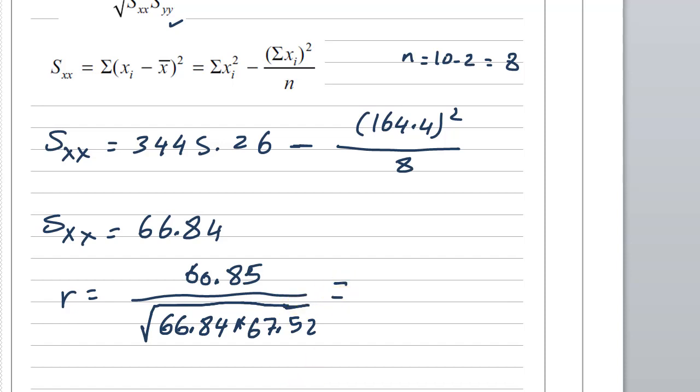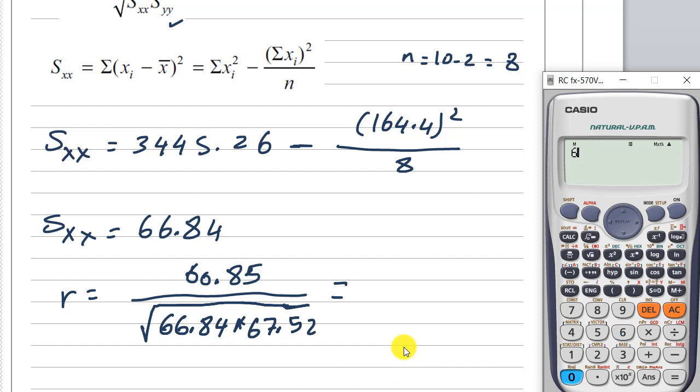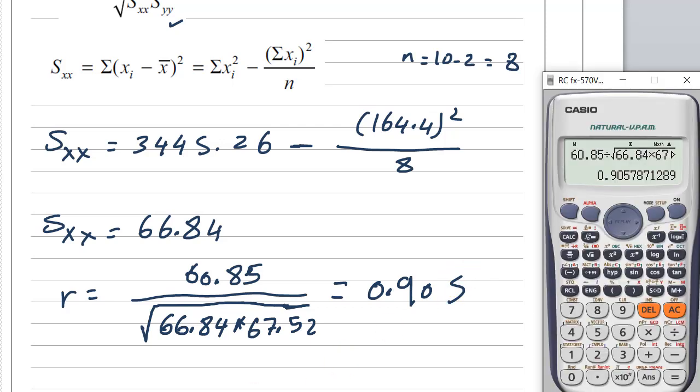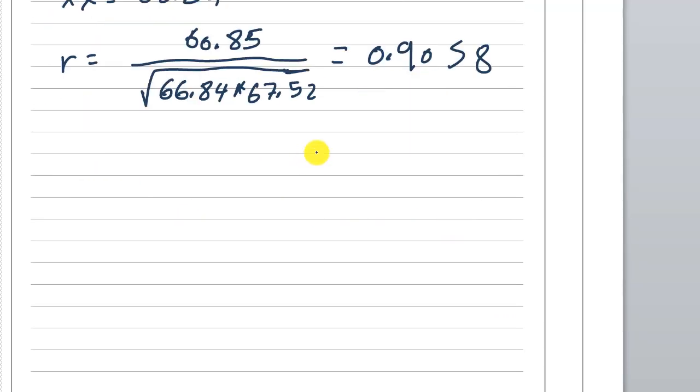So R is equal to 60.84 divided by the square root of 66.84 multiplied by 67.52, so 0.906.